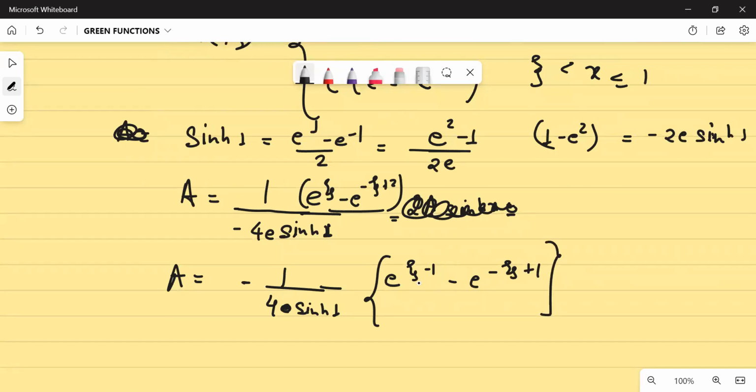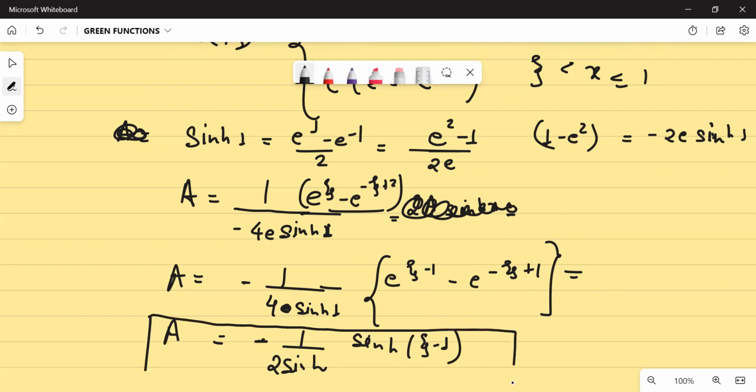If you look carefully, isn't it equal to 2 sine hyperbolic zeta minus 1? Because if you take zeta minus 1 as one part and this is the negative of zeta minus 1, I would write it as minus 1 upon 2 sine hyperbolic 1, and inside I would write sine hyperbolic zeta minus 1. Is that clear?